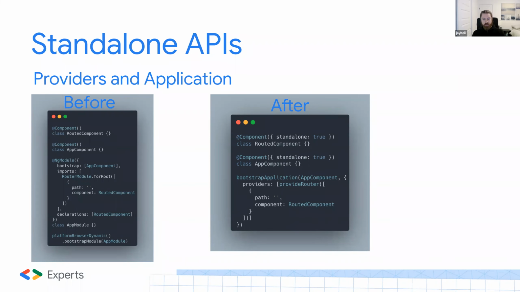So provideRouter is the standalone API of the router module. Now all we're doing is providing the router. All of those additional features aren't going to be included in our bundle because we're not using them. We're able to tree shake out multiple functions when a function isn't used, but we're not able to tree shake out methods on a class when one of the methods isn't used, right?